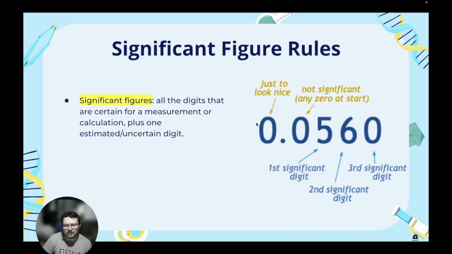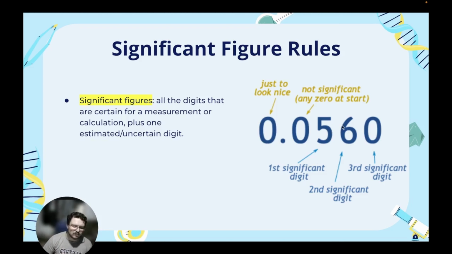So that one is not a significant figure. And then I write my decimal, and then to the right of there I have a 0. This 0 is also not a significant figure. It is a requirement to write the number correctly, because if I wrote 0.560 versus 0.0560, that 0 is still critical to the structure of this number, so it has to be there, but it is not significant.